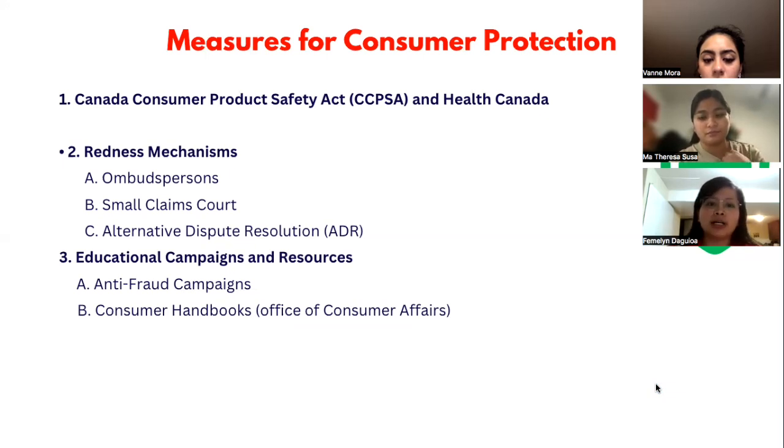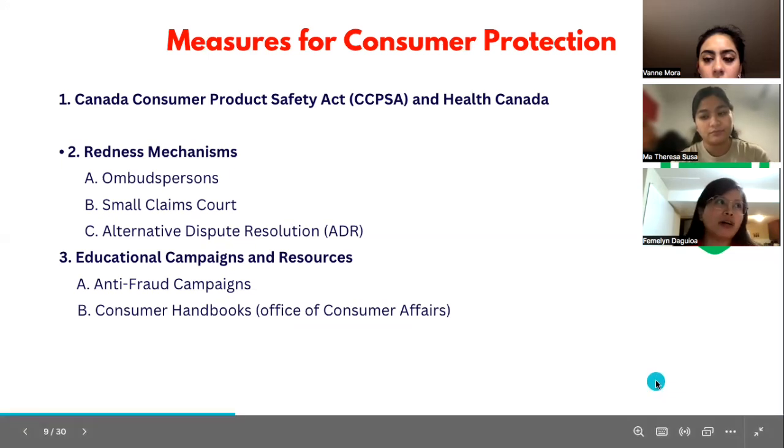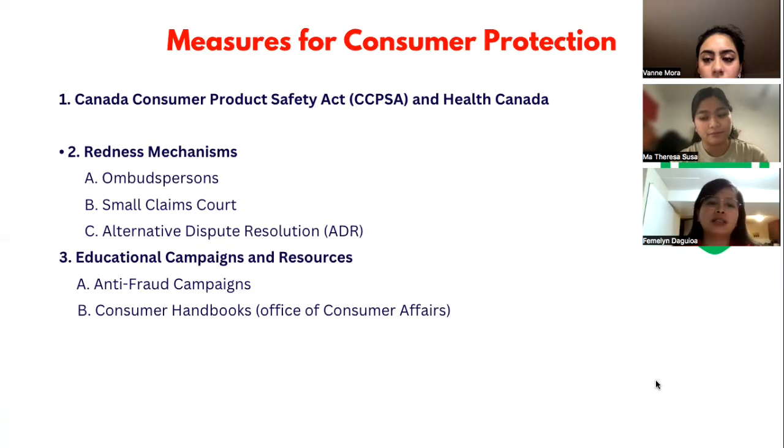If a consumer buys a broken appliance or any product, they can use small claims court to get a refund or replacement without having to go to lawyers. Meaning it is cheaper and easier for them to resolve it.